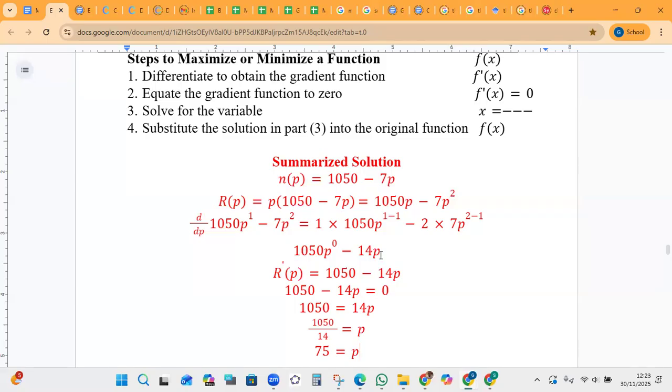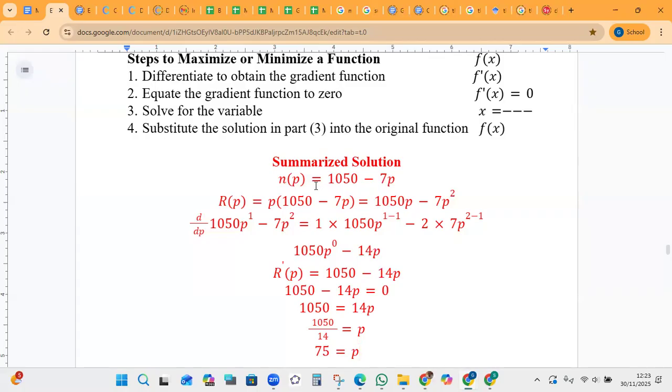But we are promoting the method using differentiation. Differentiate the function, equate the gradient function to 0, and then solve for the variable. If we want to obtain the revenue itself, then we substitute the 75 into the original function.